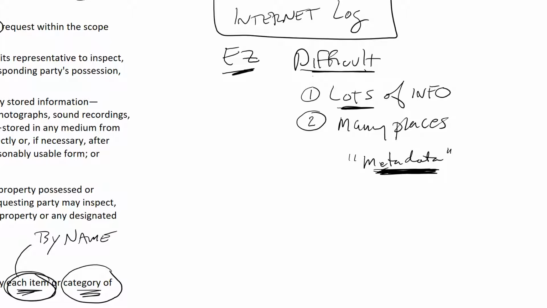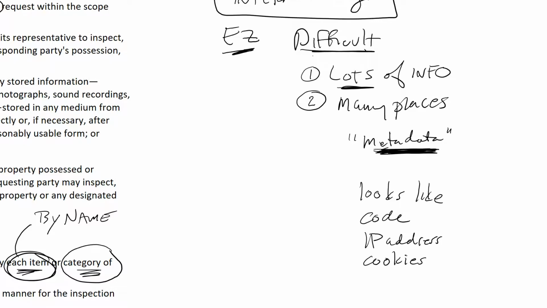There would be not just what the site looks like, there's also the underlying code, which can include HTML, Flash, other things like that. You can have the IP addresses of people that visit the website. You could have cookies that are on the hard drive of a user's computer.